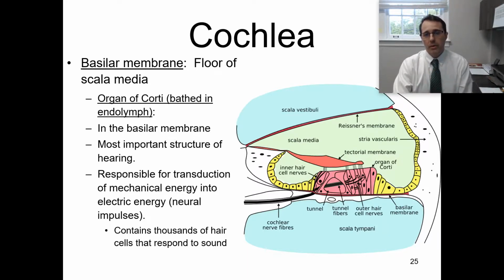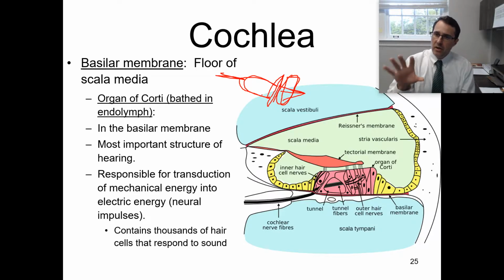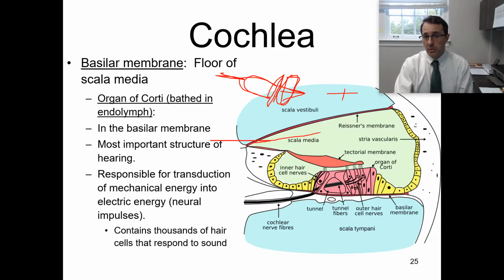Okay, now let me walk you through the process at the cochlea one more time with this image. I'm going to draw my stapes. So the stapes pushes in on the chamber of the scala vestibuli. That creates positive pressure, which is going to push down on Reissner's membrane, which is going to create a positive pressure within the scala media, which is going to push down on the basilar membrane, and the organ of Corti is in the basilar membrane.